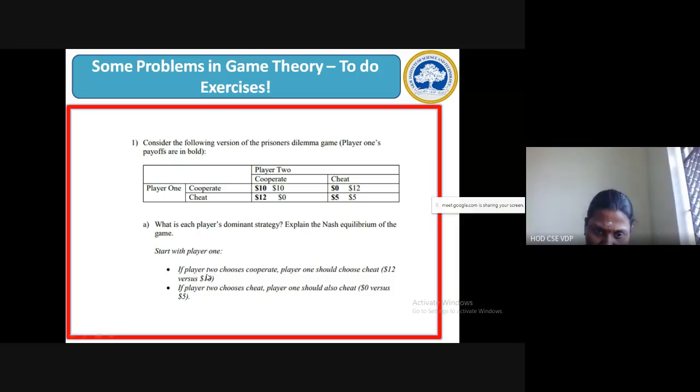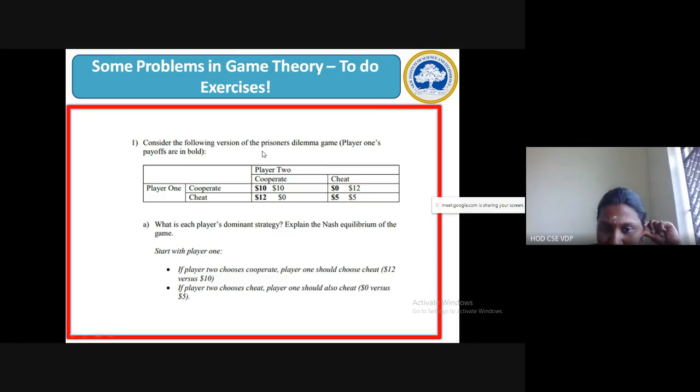If you leave this part alone, check each player's dominant strategy and explain the Nash equilibrium of the game. 10 comma 10 happens to be a Nash equilibrium, right? This part, why they have given who has to start the game, I'll check and let you know. Starting with player 1 is also fine. So we compare 10 and 0 and 12 and 5.